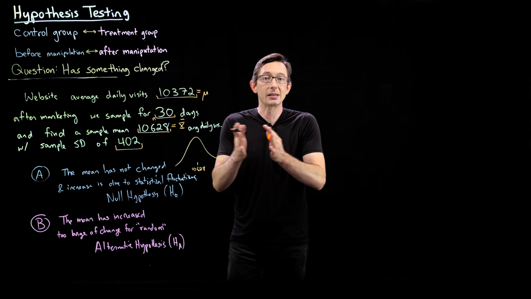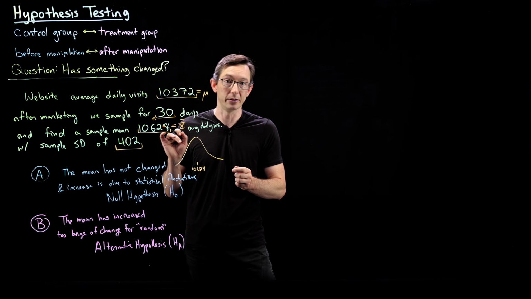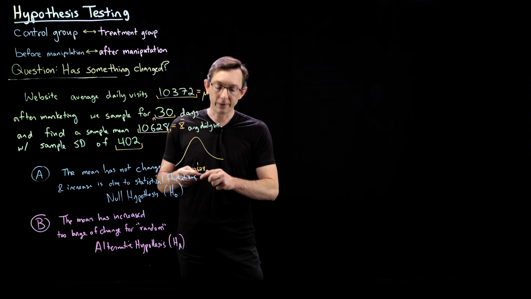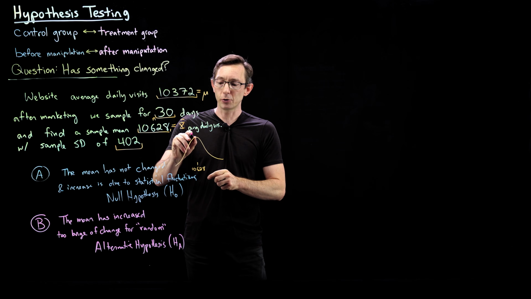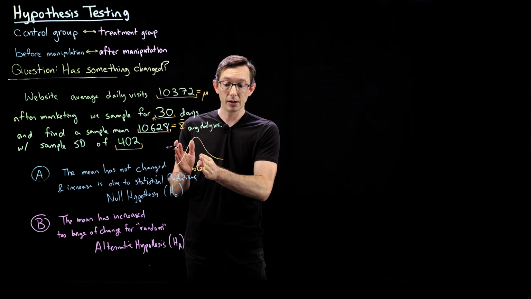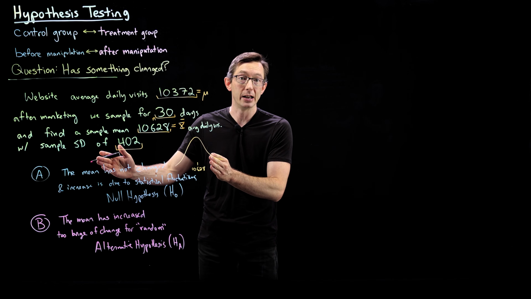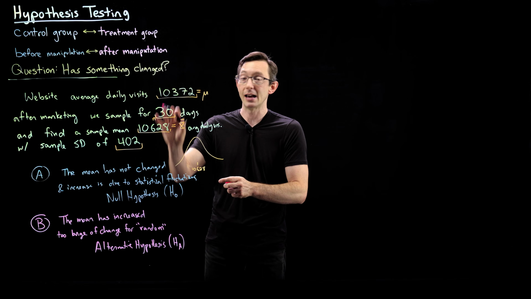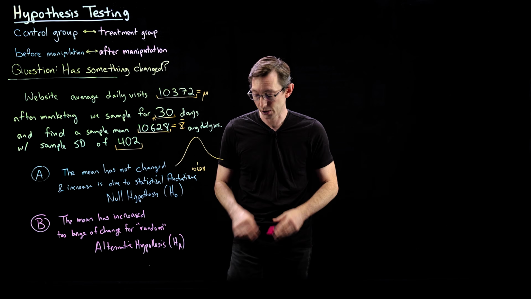And it's going to have some spread, some standard deviation or variance related to this sample standard deviation. And what we're trying to figure out is, is the actual mean close in this distribution to the sample mean, or is it really, really far away? Is it many standard deviations away? That would tell us if it's likely or unlikely that this was random chance or if something changed.